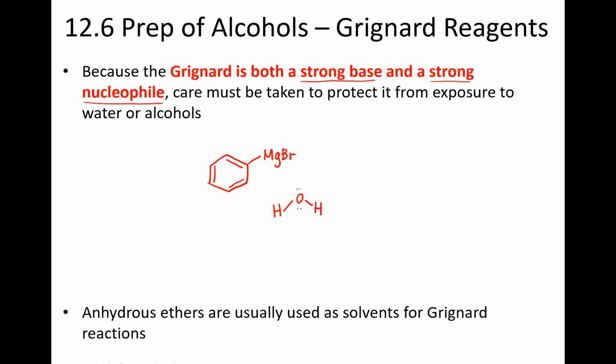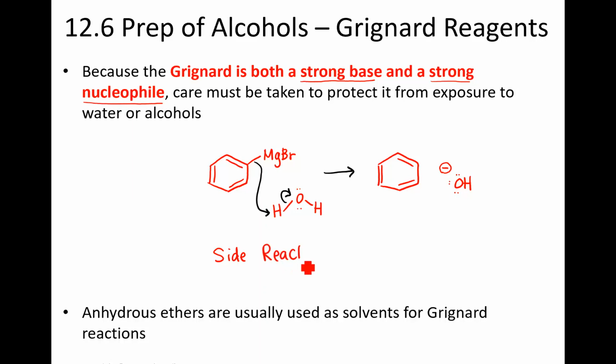It would definitely be strong enough to protonate a Grignard reagent. And if that happens, we transfer a proton, and the resulting product of that would be benzene and hydroxide. So typically we're not looking to form a Grignard reagent just to protonate it, right? So this is sort of a side reaction that we want to avoid.